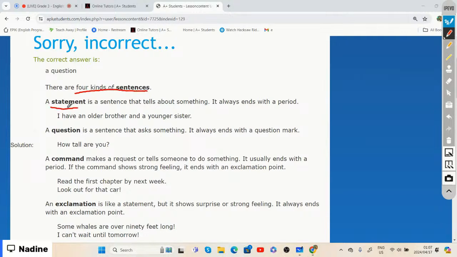So a statement, right? A statement is a sentence that tells about something, anything random. It just tells us about something. And when it comes to a statement, it always ends with a period. In my country, we say a period is a full stop.